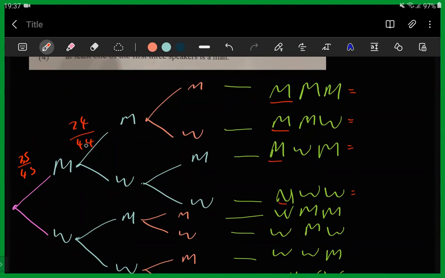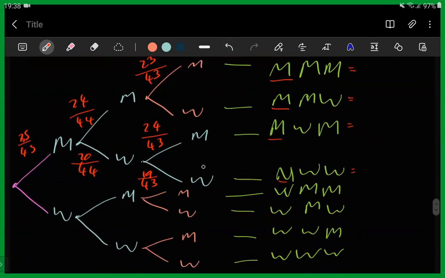Once you choose another one, there's only 43 people left, and 23 men left. For the women, there's 44 people left, but all the women are still there. Here there are now 43 people left, but there's one less woman, so it's 19 here. Here there are 43 people left, but one man is gone, so this is going to be 24.